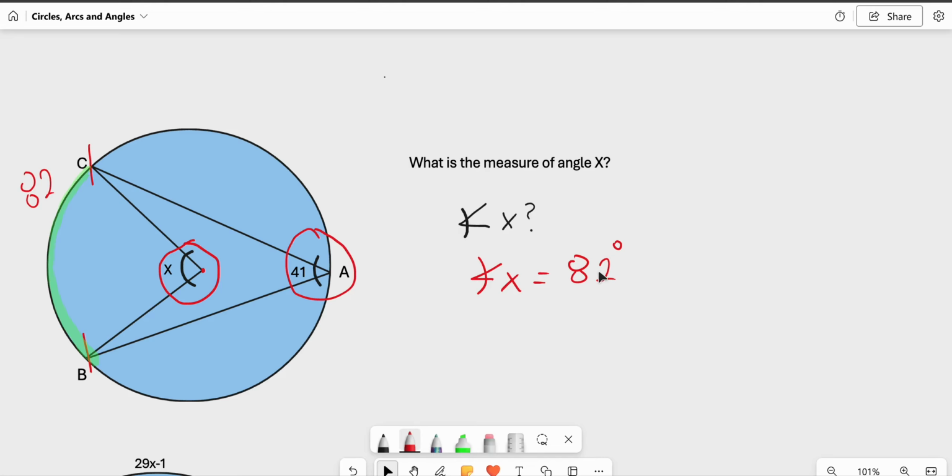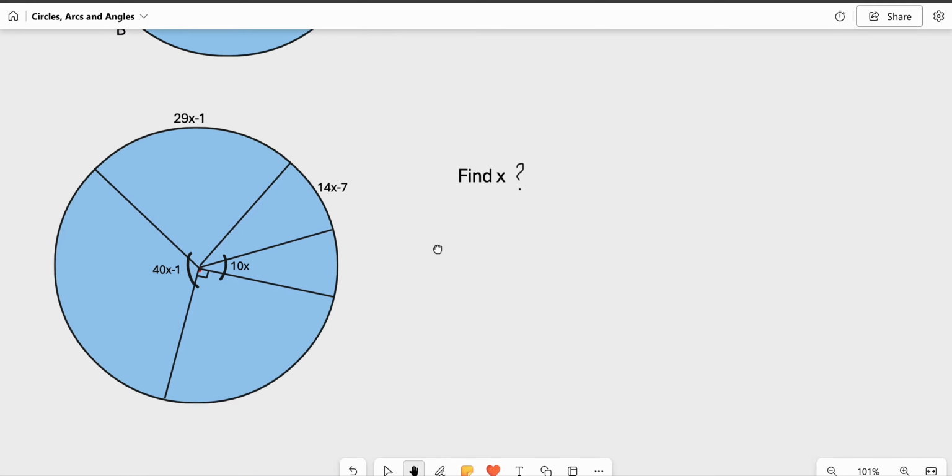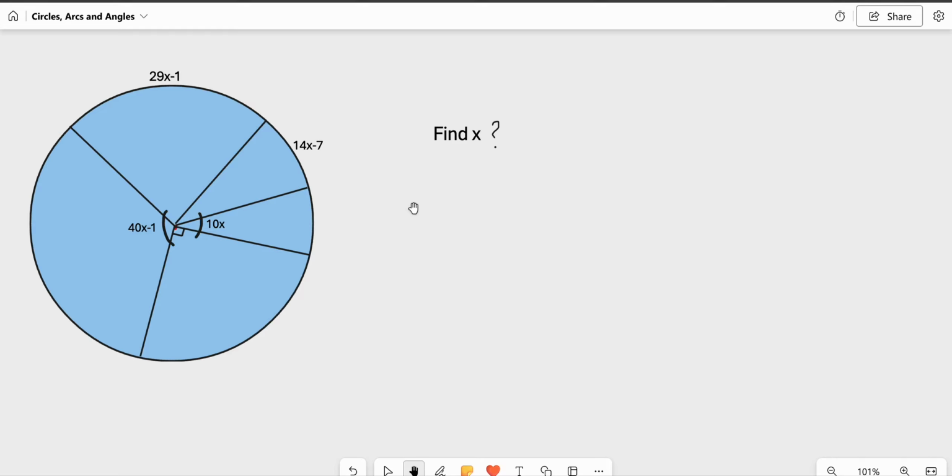Let's move now to another exercise. Now remember, it's always the same process. We look at the data that is being given to us, we plug the information into the drawing, and then we start by identifying the type of angles that we have, because based on the angles we have, we can find the arcs.